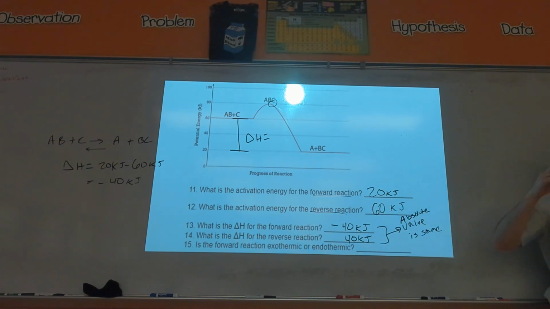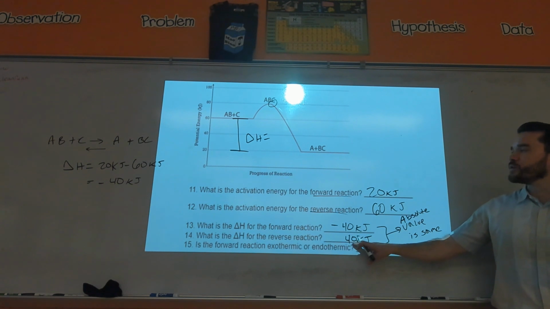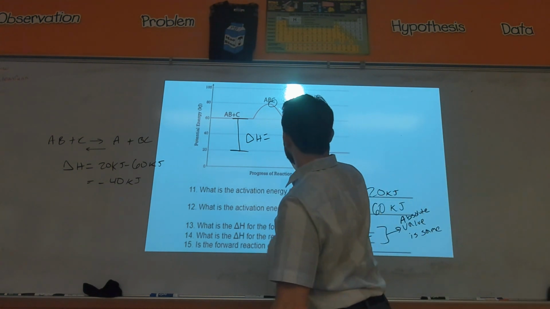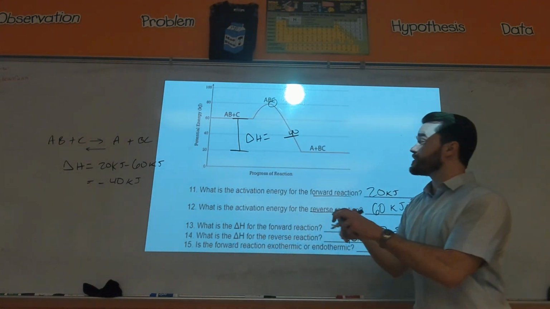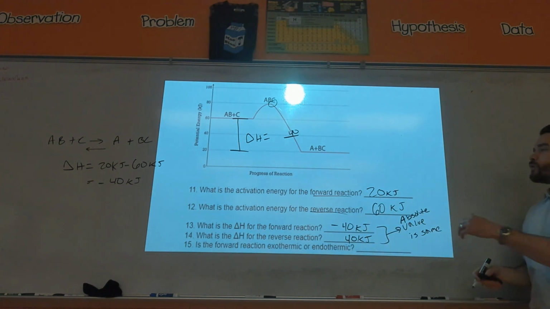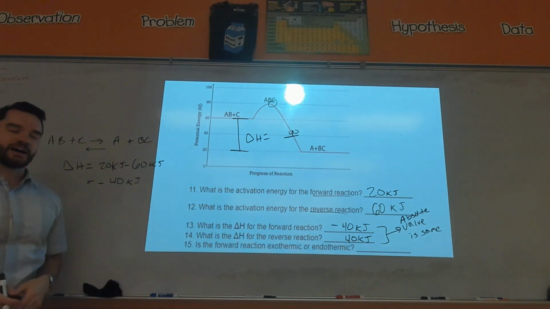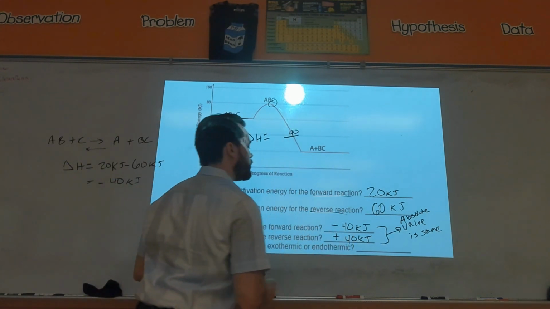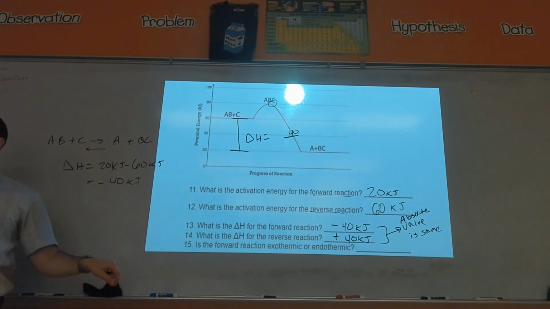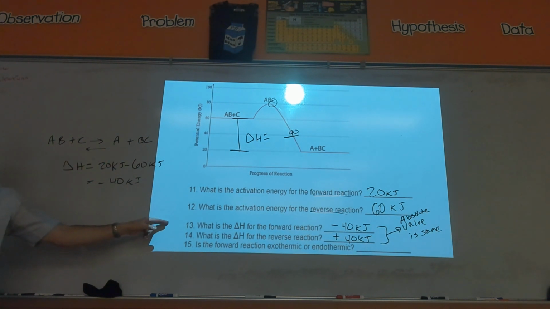Remember, absolute value, you don't care about the sign, you just care about the actual distance from zero. Our distance from zero is always 40, so delta H will always equal 40 something. It's always that difference, but whether you're going this way in the reverse or this way, it's going to be about the sign. So usually you'll see people emphasize the positive if it's positive 40, just to emphasize that idea that you're changing the sign. So delta H for a reaction is always the same number, you just change the sign depending on if you're going forward or reverse.